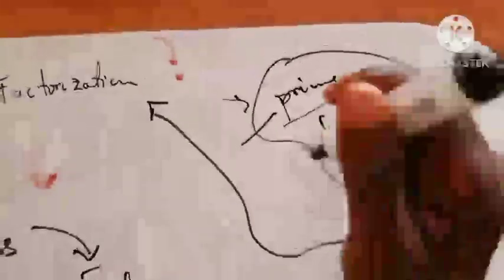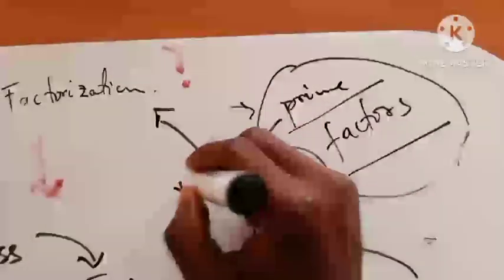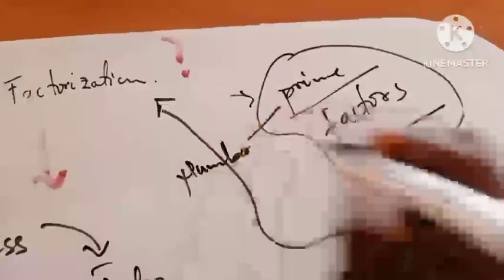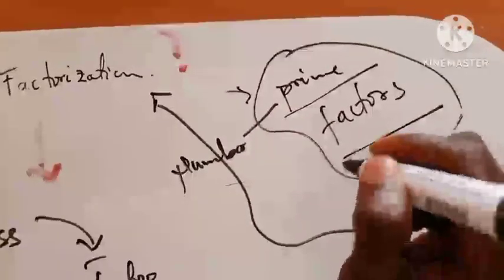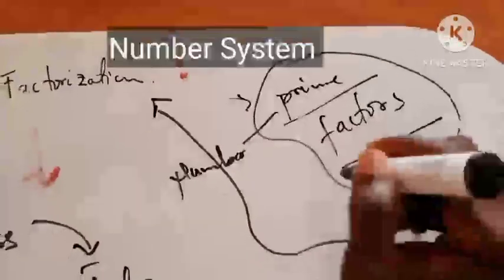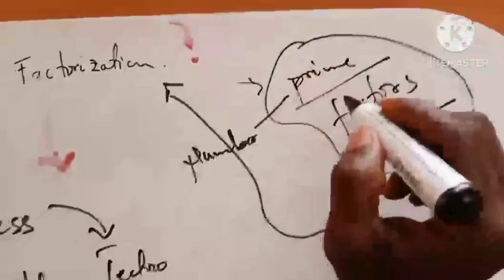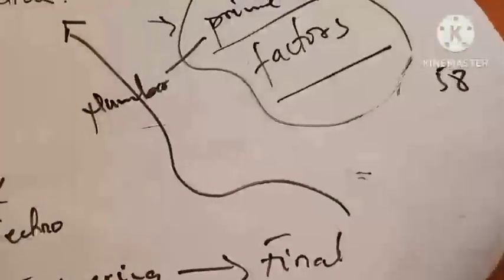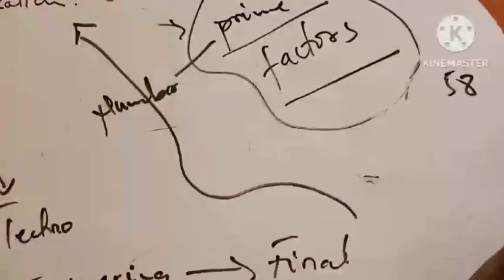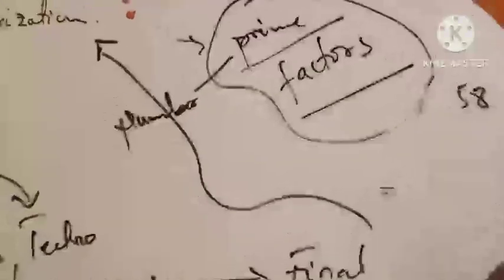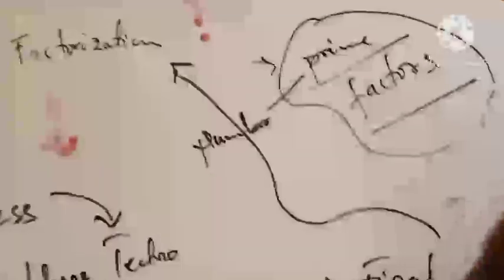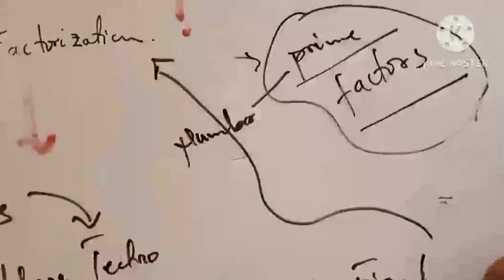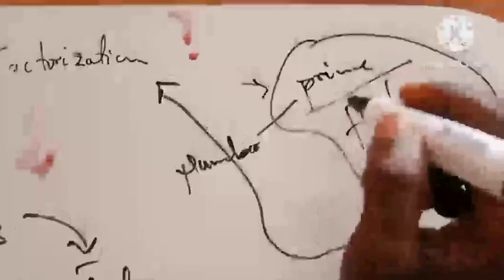Since we are dealing with numbers, let's add numbers to this: prime numbers, and then factors of numbers. Before you even go to how to factor some numbers, let's say 58, using either a factor tree or continuous division, which I will talk about in this video, so make sure you stay here to the end, you need to understand the meaning of these two words solidly. So what are prime numbers?